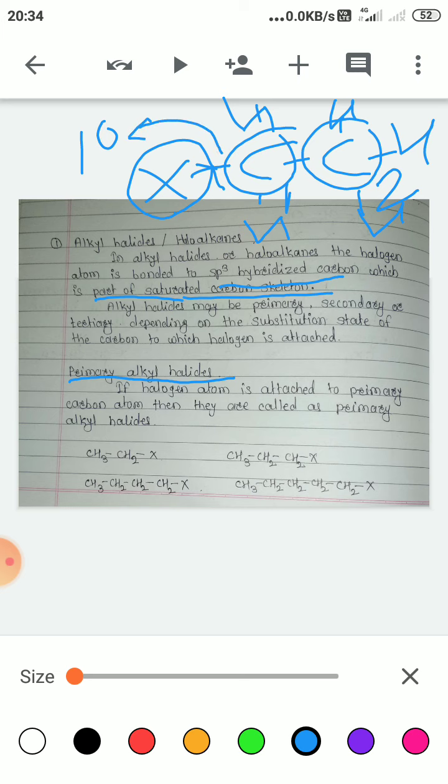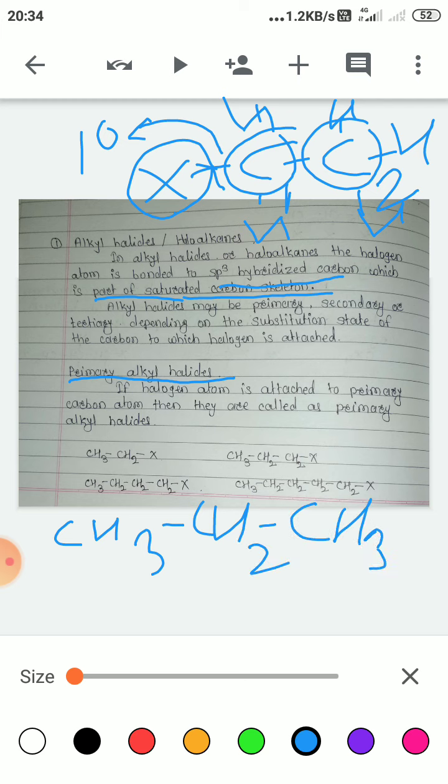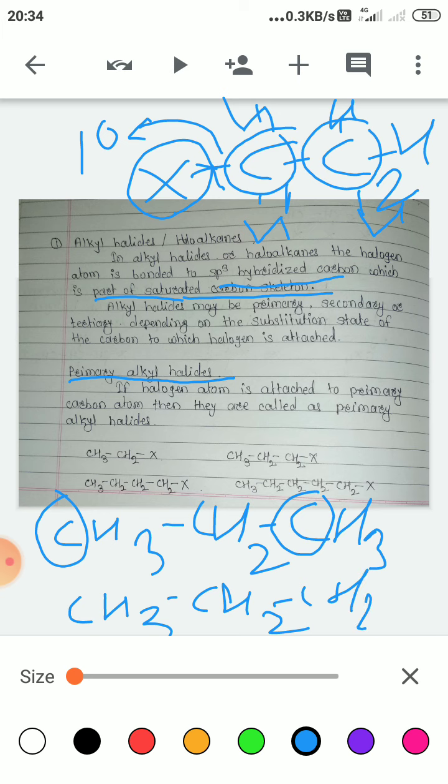In the same way we can consider the example of propane, CH3 CH2 CH3. Now here if we replace one hydrogen atom of any one terminal carbon atom, might be this one or this one, we get the formula CH3 CH2 CH2X.